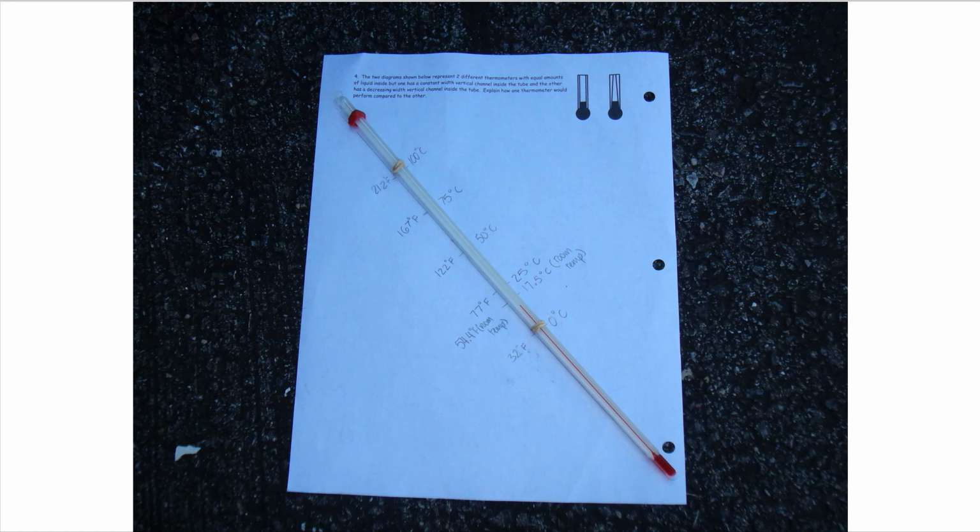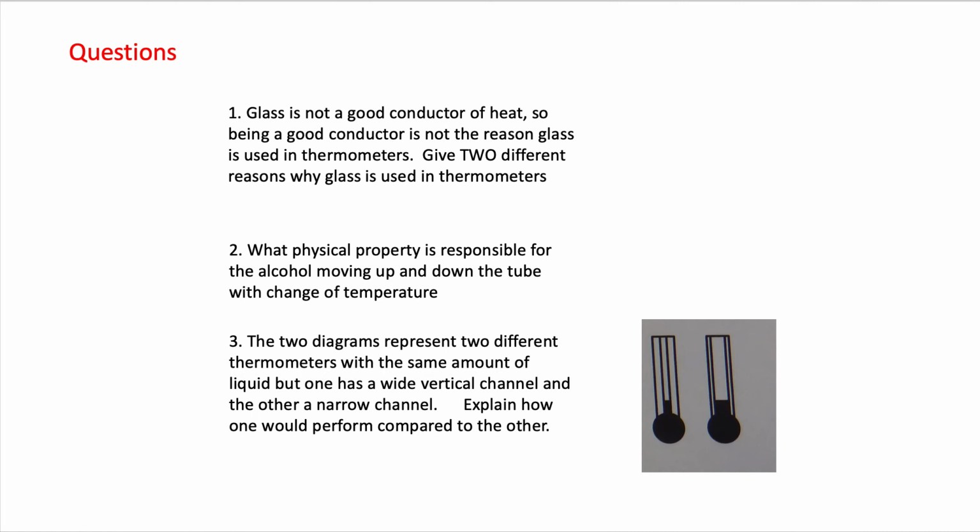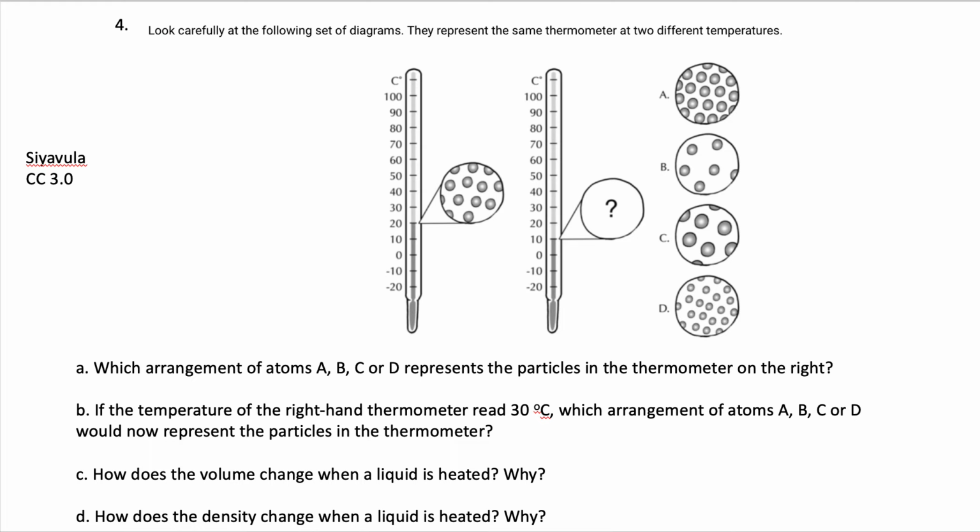And then here's one set of results, and then we go on to some questions. You'll have to pause these, and we're talking about glass not being a good conductor, and questioning what's happening, and then why the alcohol moves up and down the tube with changing temperatures, and here looking at the arrangement of the particles at different temperatures, and some questions with those.